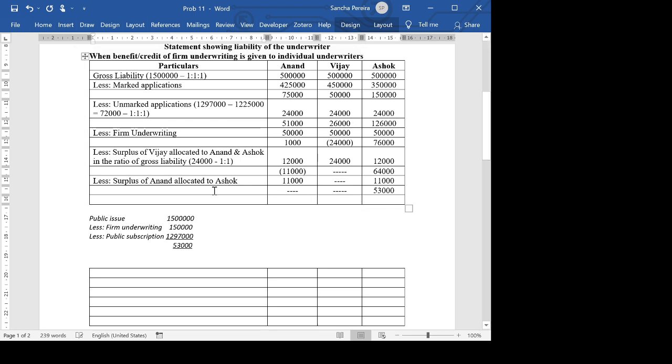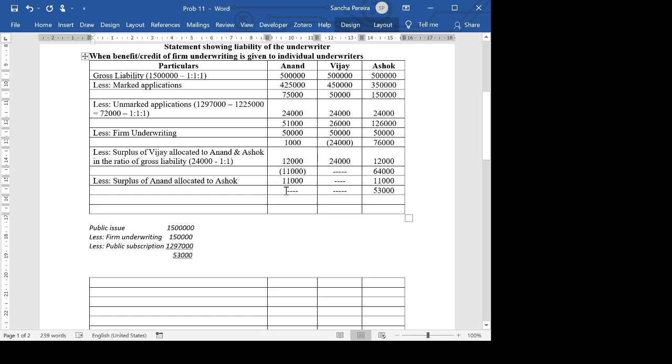So we call this liability as per agreement. That is, as per agreement, only Ashok has to take up all the shares.